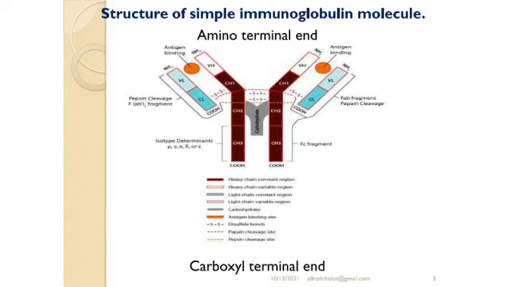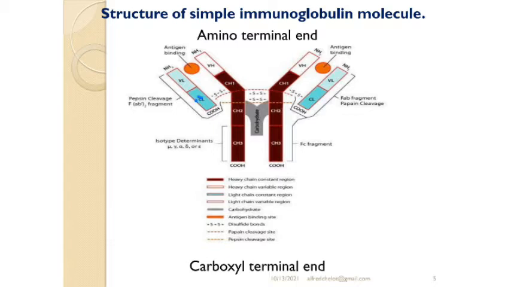Looking at this simple immunoglobulin molecule again, you can see here we have the variable region of the light chain. We have one there and another one here. These are the variable regions of the light chain. Then again we have the variable region of the heavy chain. They are here. This is where we have the variable region of the heavy chain, and you can also see the constant region of the light chain.